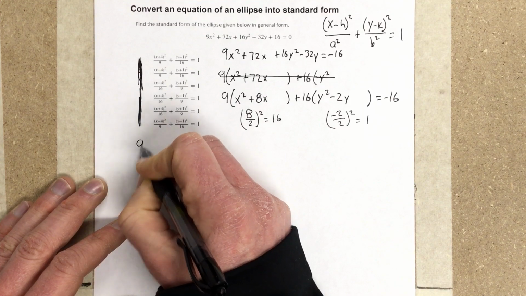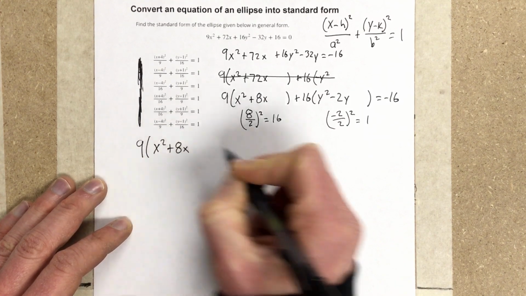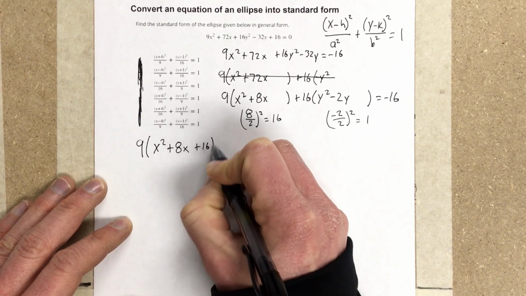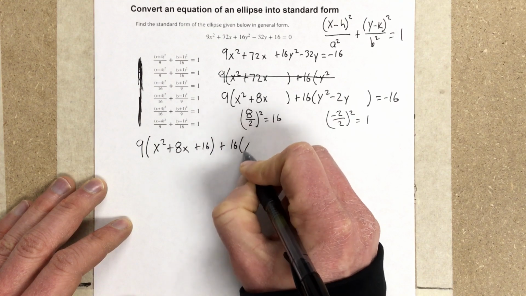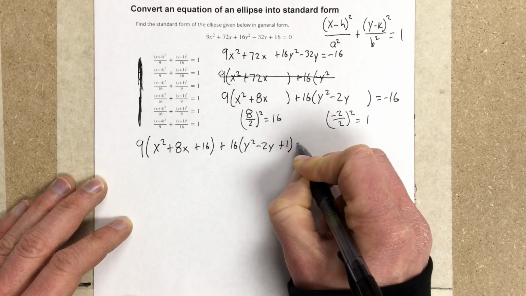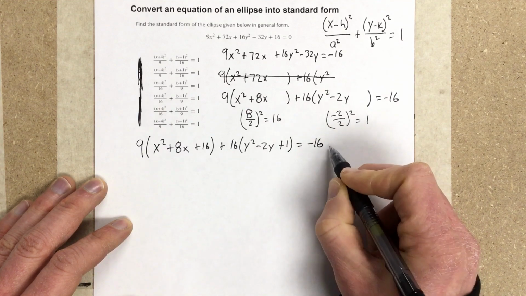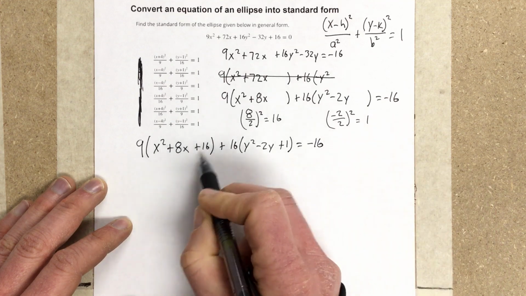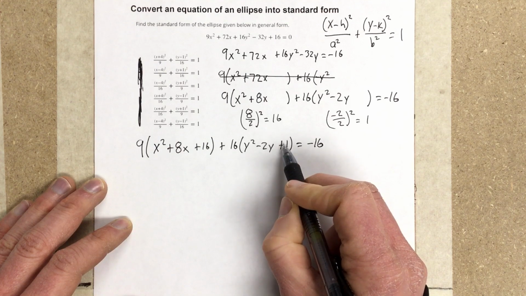So we have 9 times (x squared plus 8x plus 16), and then plus 16 times (y squared minus 2y plus 1), equal to negative 16. And now I have two pieces I need to add in over here. I added a 16 into the left side, and I added a 1 to the left side as well.